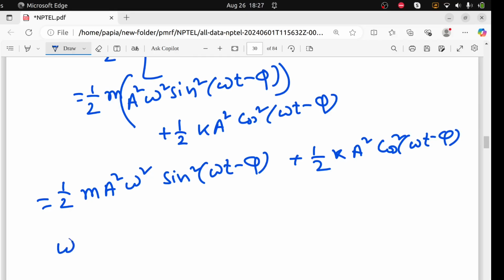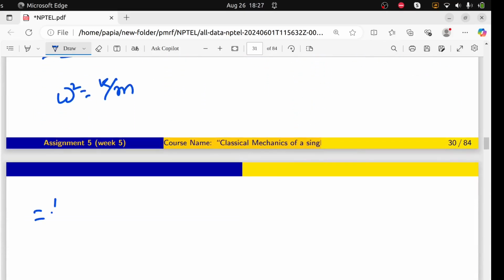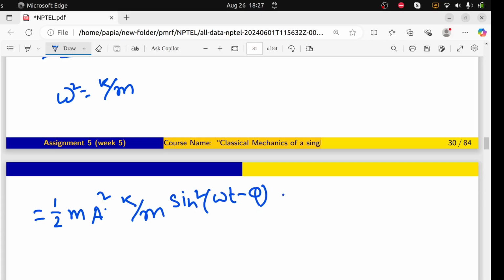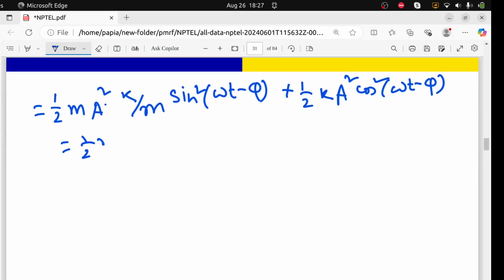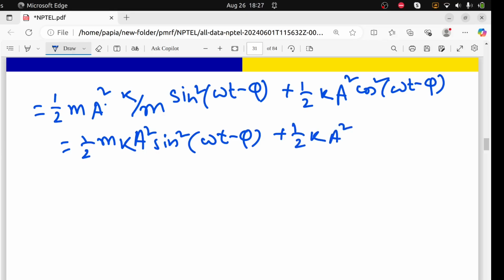Now from the definition of omega square as k by m, I can write m omega square as k. So it is half k A square sin square(omega t minus phi) plus half k A square cos square(omega t minus phi). m will cancel out.